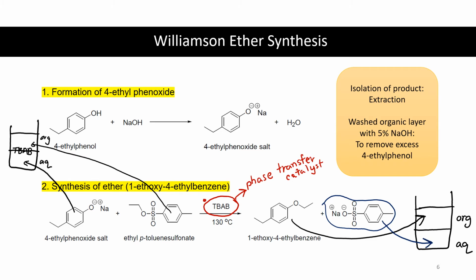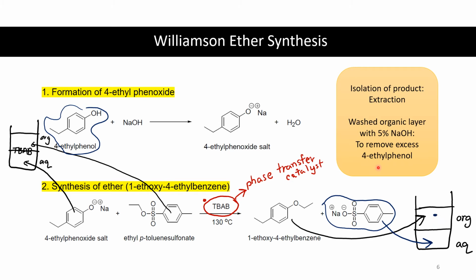But if we had any leftover 4-ethylphenol from the beginning, it would be present in the organic phase. And we used extraction to isolate the product, and during extraction we washed the organic layer with 5% NaOH to remove any leftover 4-ethylphenol from the organic phase.